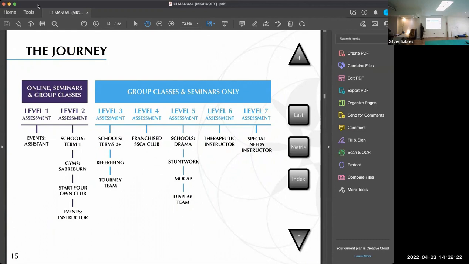Level 5, as a qualified display instructor, you can teach drama classes in school. You can teach choreographies if needed. You can teach performances to people who are required to deliver lines in costume. You're qualified to do that. You're also able to apply for stunt work, mocap work, and to join the display team.